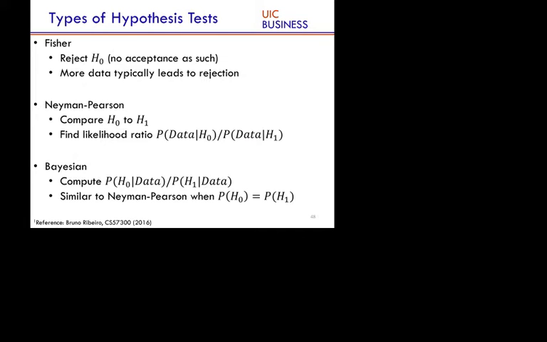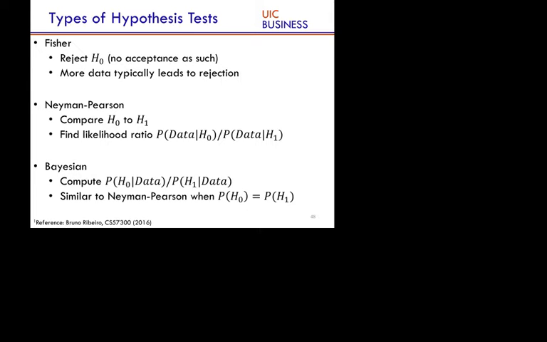There are many types of hypothesis tests that you have seen before in other classes. Fisher tests are all about rejecting or not rejecting the null hypothesis. Neyman-Pearson tests are about likelihood ratios, and there are a lot of additional parameters that you need to control and take care of, right?